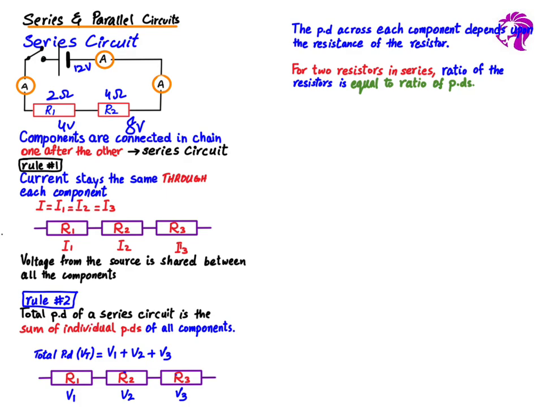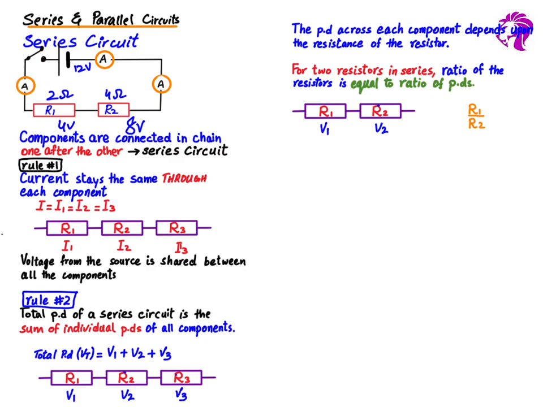If you have just 2 resistors, then the ratio of resistors will be equal to the ratio of their PDs. Okay, what do I mean by this? Let's say you have R1 and R2. If I say ratio of R1 and R2, I mean R1 upon R2.